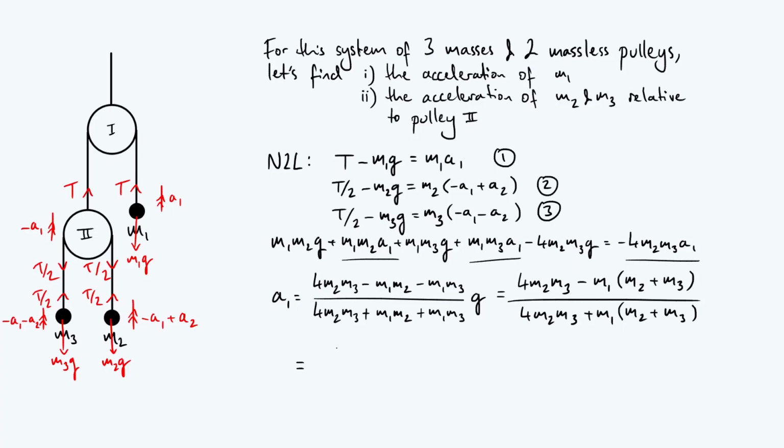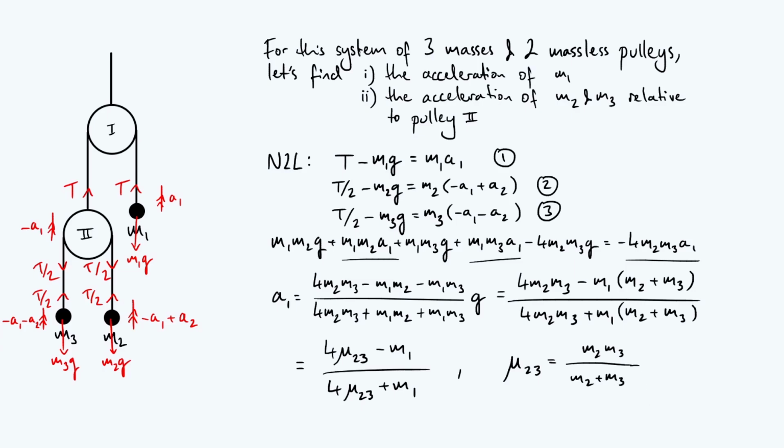So if we denote the reduced mass by mu, then we can write the expression as 4 mu 2,3 minus m1 over 4 mu 2,3 plus m1, where the reduced mass mu 2,3 has been defined as m2 m3 over m2 plus m3.